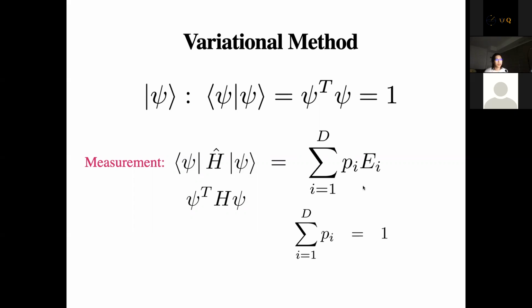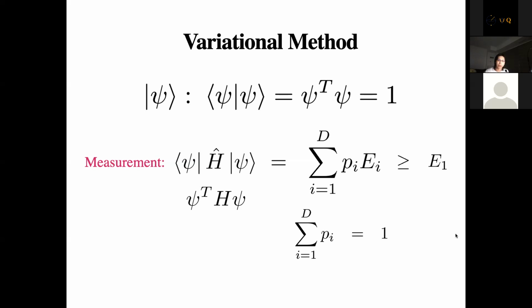And because the p's add up to only 1, this then allows you to write this inequality: your weighted sum of all the eigenvalues will be greater than the lowest eigenvalue. This is possible essentially because E_1 is the lowest of the bunch.